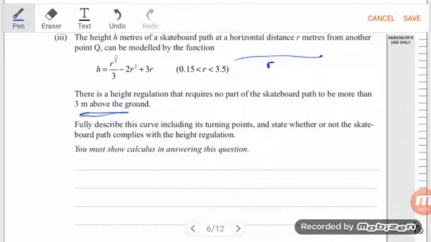So we know that it is a cubic because the highest power is to the power of 3. It's a positive cubic. So height-wise, it's going to look something kind of like this. Maybe stretched out further. Most probably stretched out further because it's divided by 3.